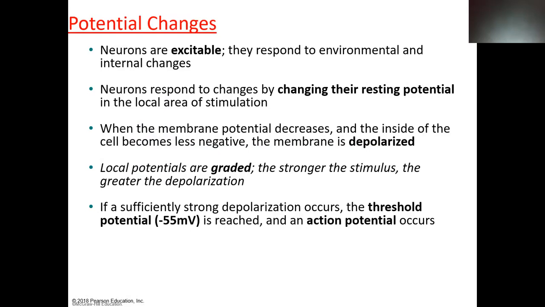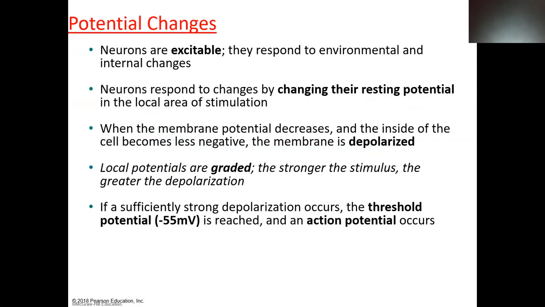If sodium, which is positively charged, comes from the outside and goes to the inside, what's going to happen to the charge on the inside of the cell? Is it going to get more negative or less negative? Less negative, okay? Or more positive.